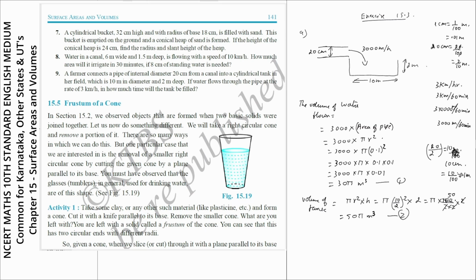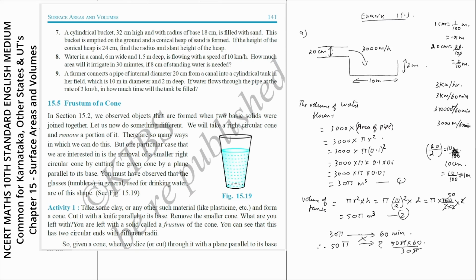Now to fill a volume of 30 pi, the time required is 60 minutes. Therefore to fill a volume of 50 pi, what is the time taken? It's a simple cross multiplication, the unitary method. It is 50 pi into 60 by 30 pi.